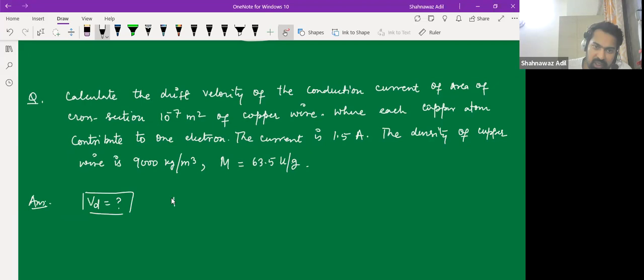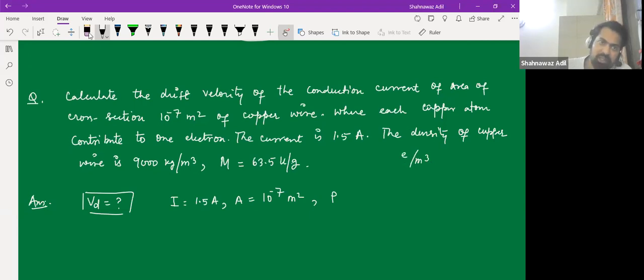And what are the things which are given? They have given the current, which is 1.5 ampere. They have given this area, which is 10 to the power -7 meters square. And they have given the density rho. This is not number density, because the unit is kg per meter cube, which means not number of electrons per meter cube.